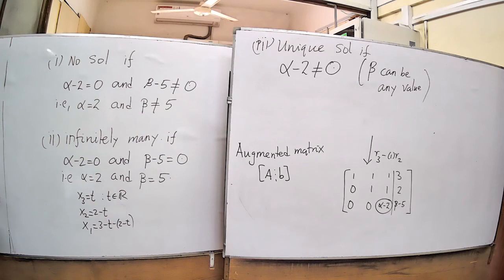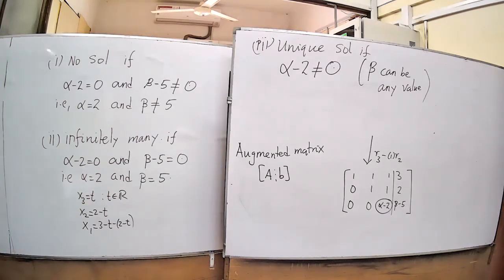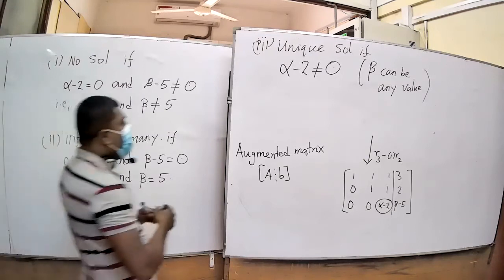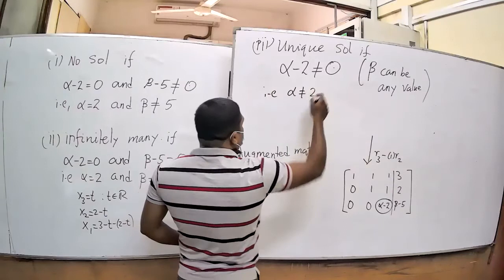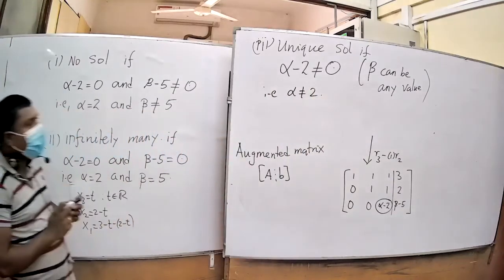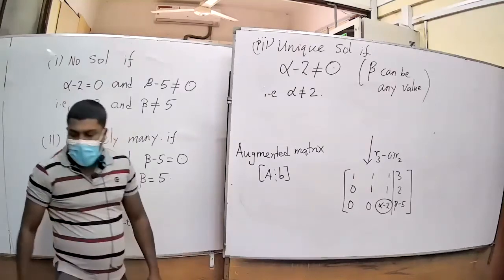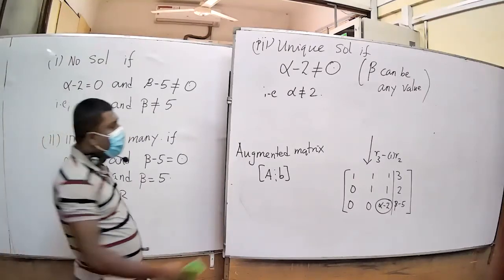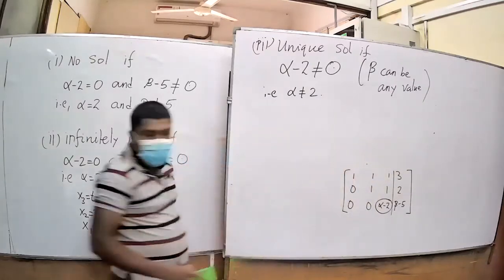You're only worried about the alpha not equal to 2 case. So alpha cannot be equal to 2, and beta can be anything. In this case, you can write the solution, but it will be written in terms of alpha and beta, which is easy for you.